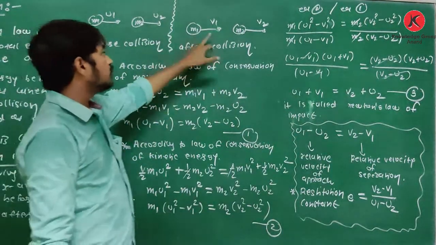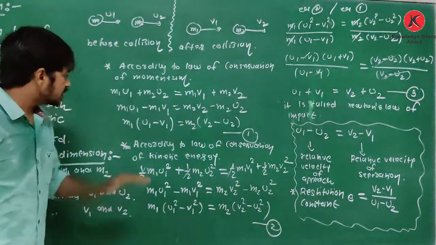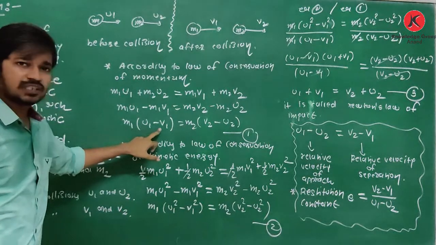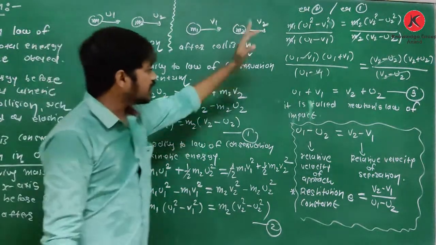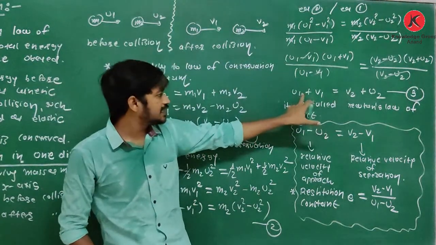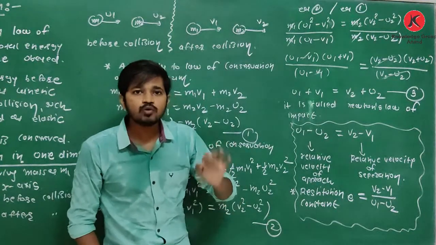We have to find the value of v1 and v2. First equation from the law of conservation of momentum. Second equation from the law of conservation of energy. Take their ratio, you will get this third equation, that is u1 plus v1 is equal to v2 plus u2. Now how to find?